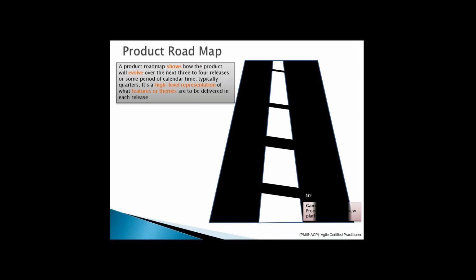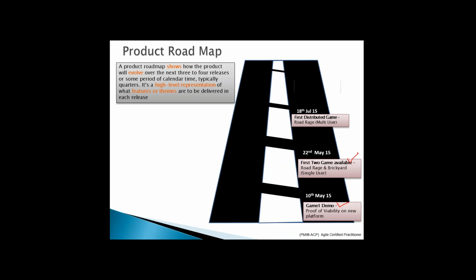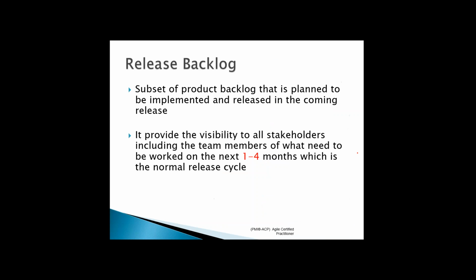And then you have your product roadmap. I've told you that the product roadmap is high level, and it is going to say what your release deadline is. This is game 1 demo, right? This is your release 2, that is your release 3, release 4, and things like that.